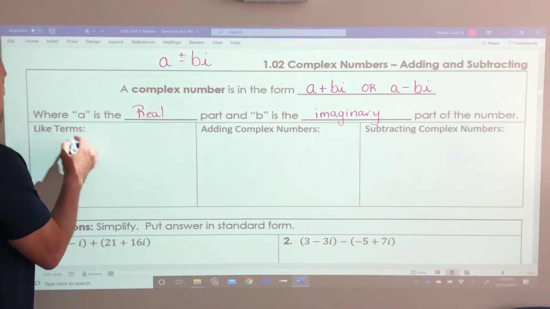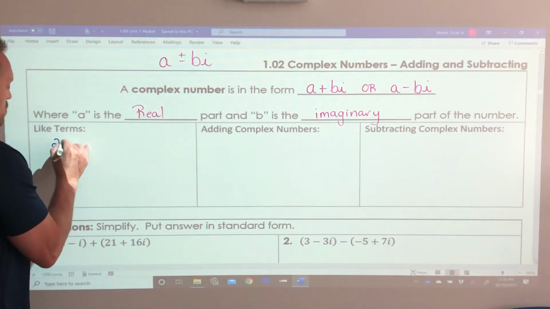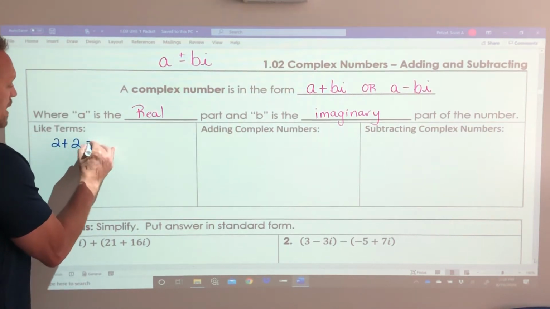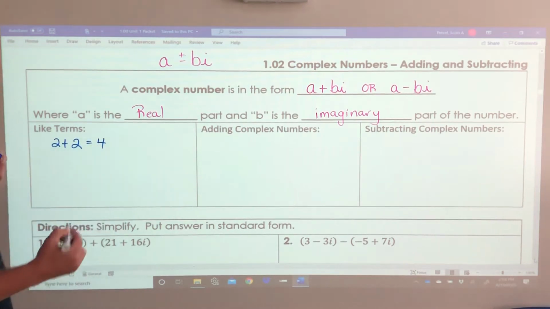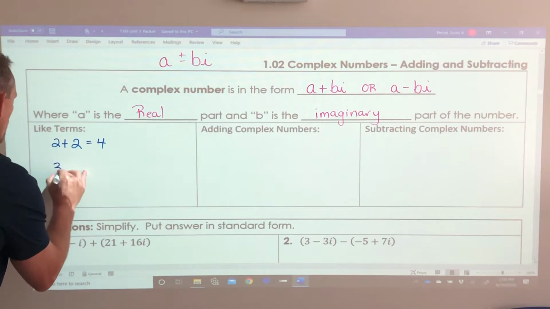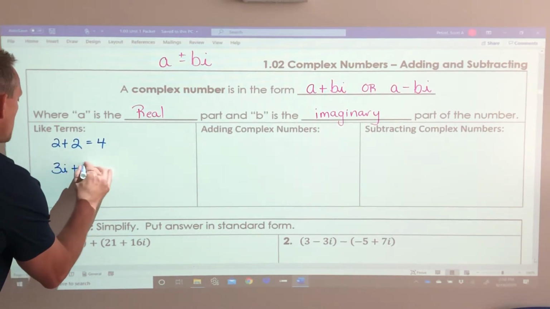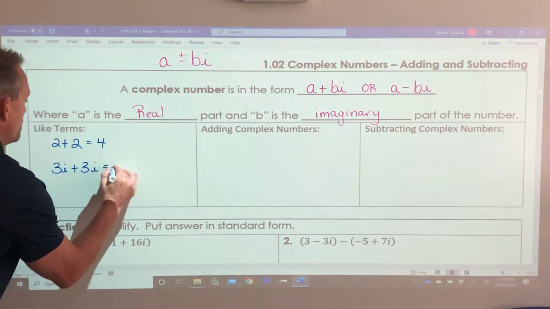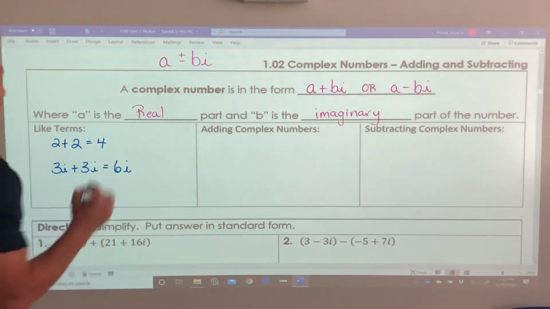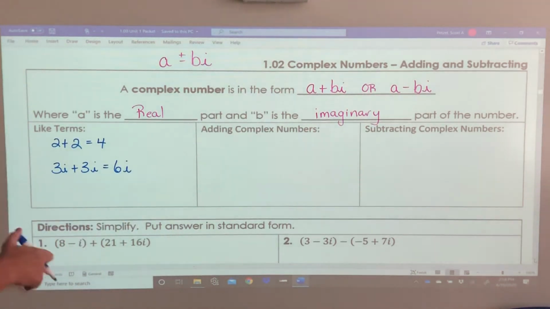So a like term, if you want to add, would be 2 plus 2. Well, you can add that, which is 4. All right? Or 3i plus 3i, which would be 6i. Okay? What about if we had, would this be a like term?